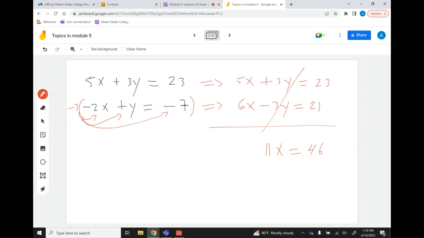Oh, I see what I did. Let me see. 5x, 3y. Okay, I'm just checking, and I wrote it correctly. Now let's see what we have. 46. We have this ugly number. I was hoping to end up with a better number, but it is what it is.